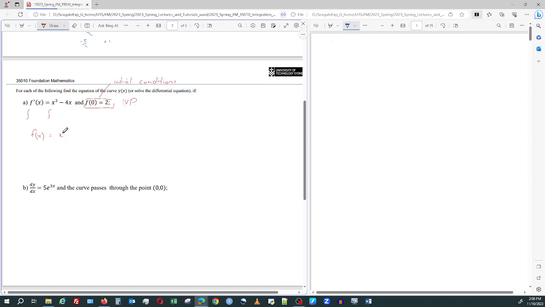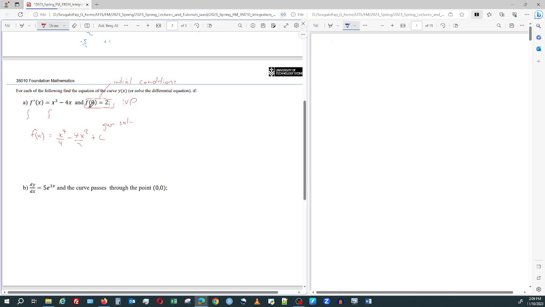So x to the 4 over 4, minus 4x squared over 2, plus c. So this is our general solution, which contains the c, and so for any value of c, this is a solution for this particular differential equation.